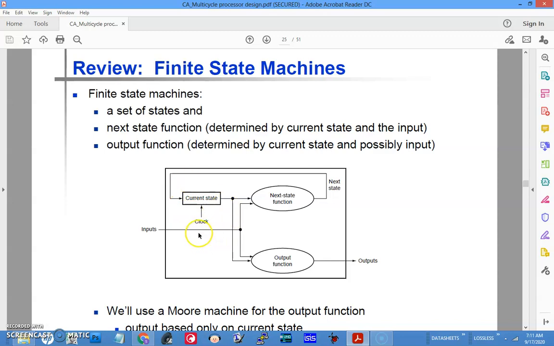Likewise, every clock cycle pushes you to the next state, and when you move from the current state to the next state, you have to set the control lines accordingly, so that the actual operations you wish to happen in the next state are happening. The fundamental idea is, if you want some operations to happen on the data path, you need to set the control lines right.